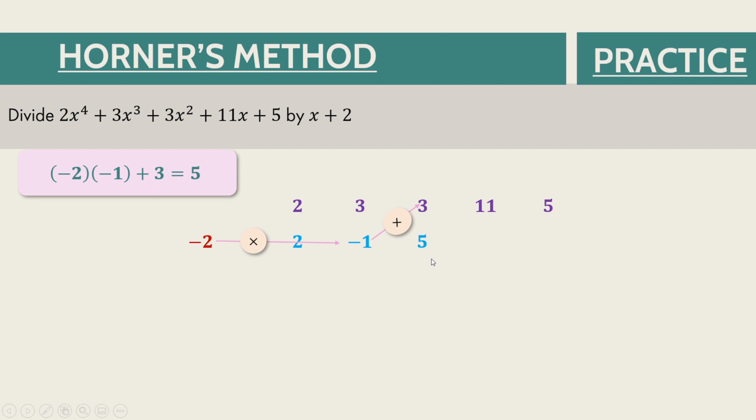We multiply the newborn by negative 2 and plus the next coefficient 11 to have 1. Finally, we have negative 2 times 1 plus 5, 3. So this is the remainder of the division.